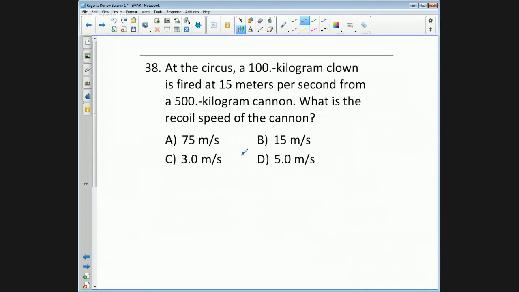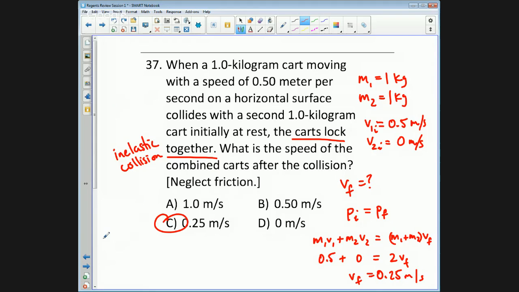Okay, 38 says at the circus, a 100 kilogram clown is fired at 15 meters per second from a 500 kilogram cannon. What is the recoil speed of the cannon? This is an explosion. Ashley, you asked, do we have to memorize this formula? No, you don't have to memorize the formula.